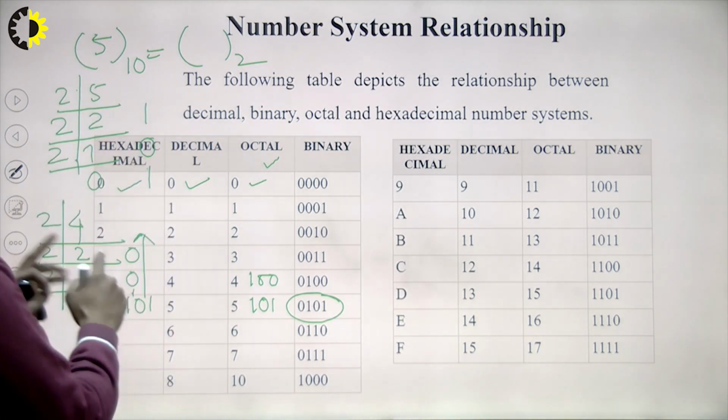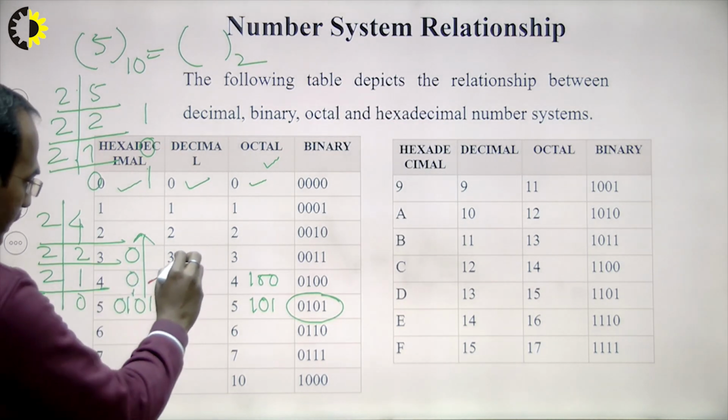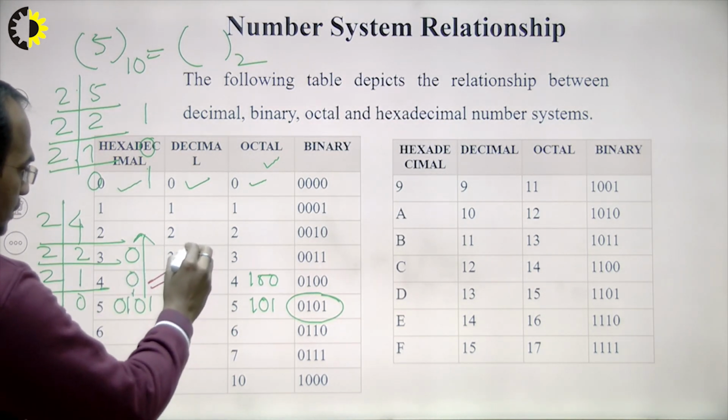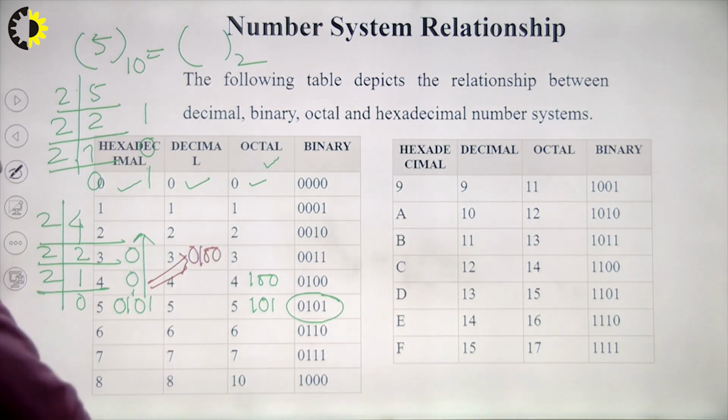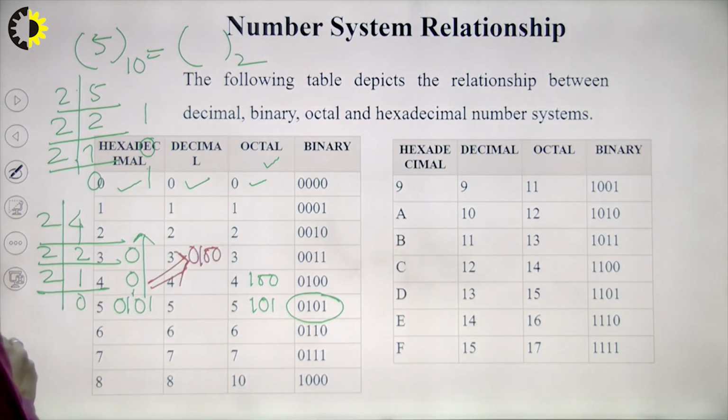What will be the equivalent of this in hexadecimal number system? It will be 0100. This is for 4, not for 3.